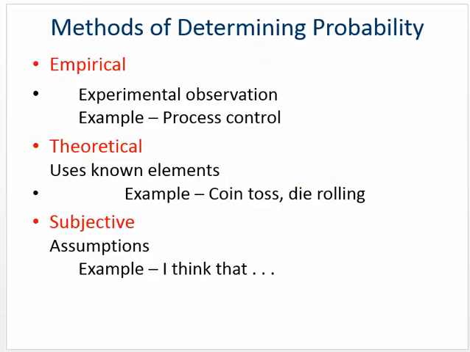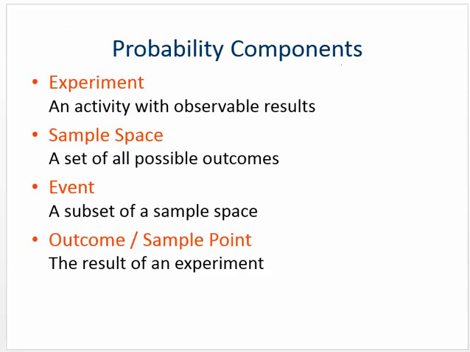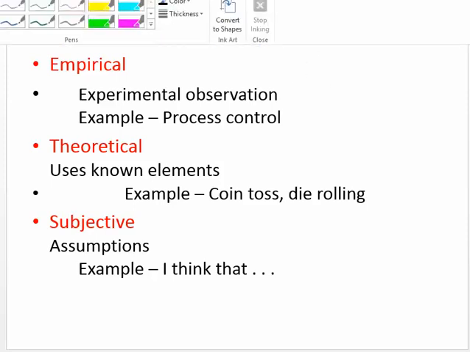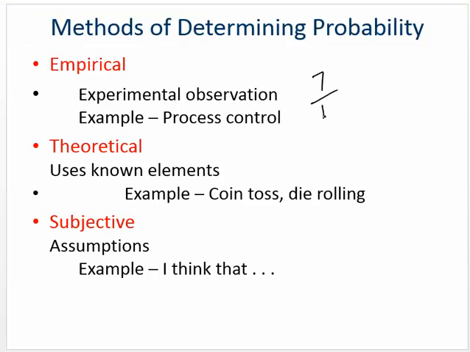Methods of determining probability. There's empirical and theoretical. Empirical is when we have experimental observation. You've done an experiment and you come up with a probability. For example, you flip a coin, let's say 10 times, and let's say during this time you get heads 7 out of 10 times.